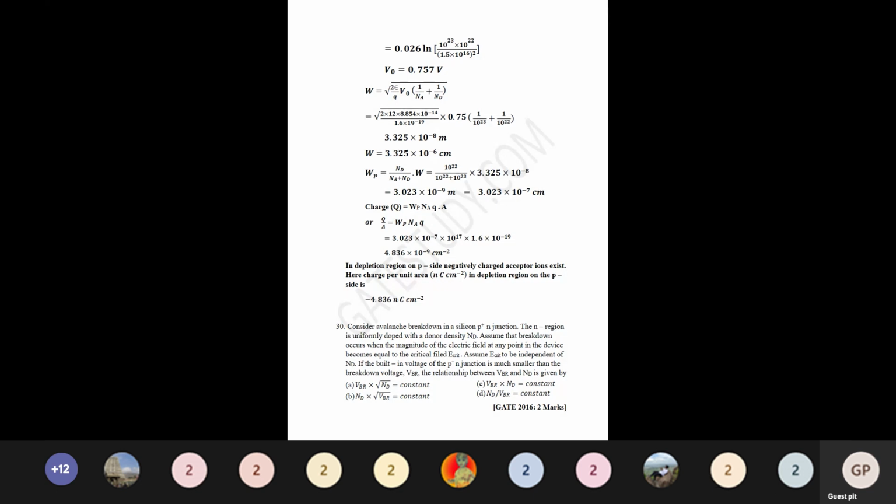Wp is equal to Nd by Na plus Nd times W, which is 10 to the power 22 by 10 to the power 22 plus 10 to the power 23 into 3.325 into 10 to the power minus 6, whose value is 3.023 into 10 to the power minus 7 centimeter. So the charge Q is equal to Wp Na q A. So Q by A is equal to Wp Na q, which is equal to 4.836 into 10 to the power minus 7 per centimeter square.